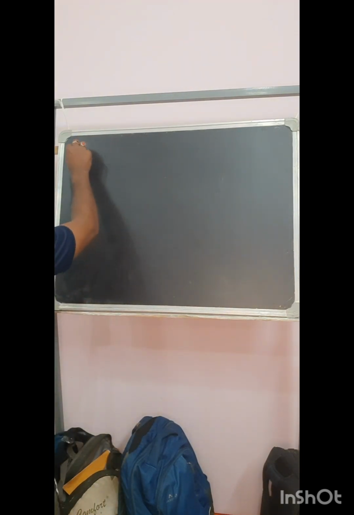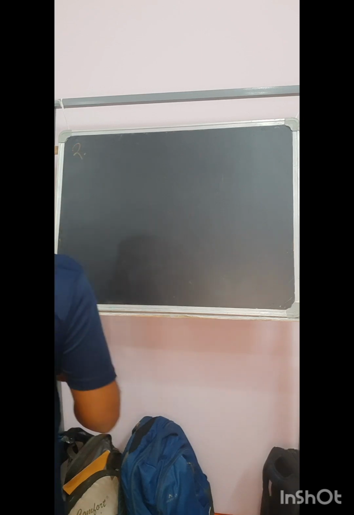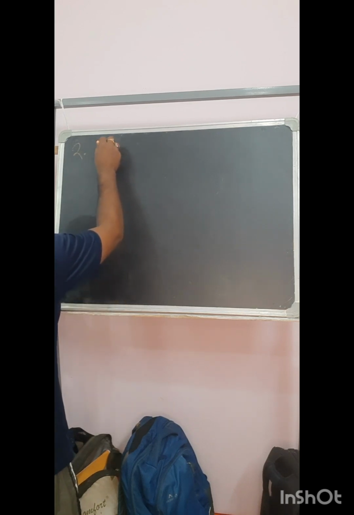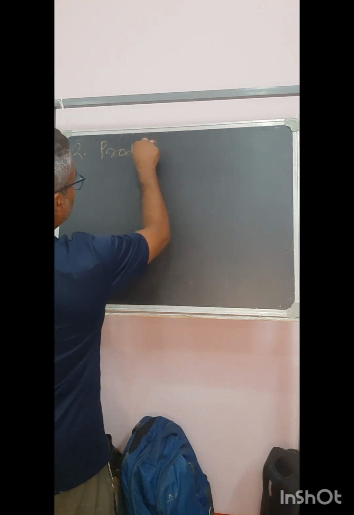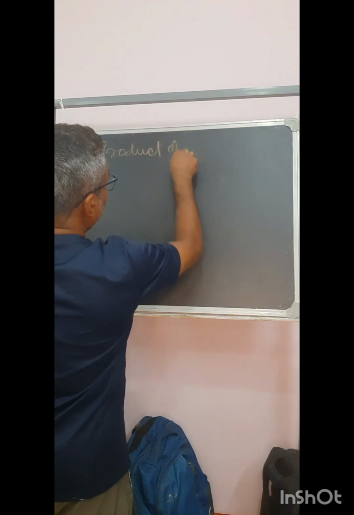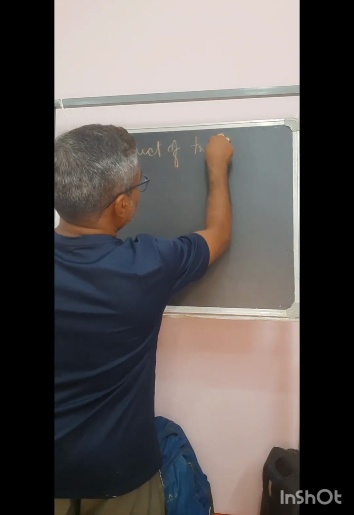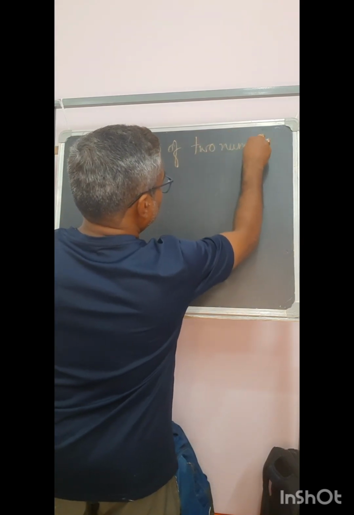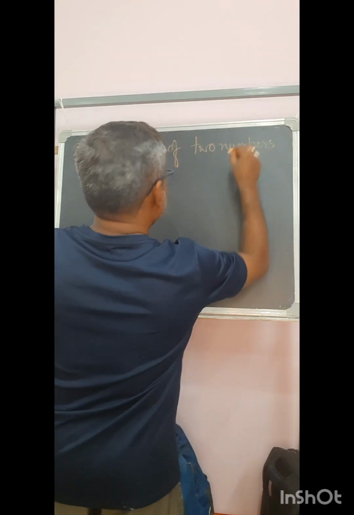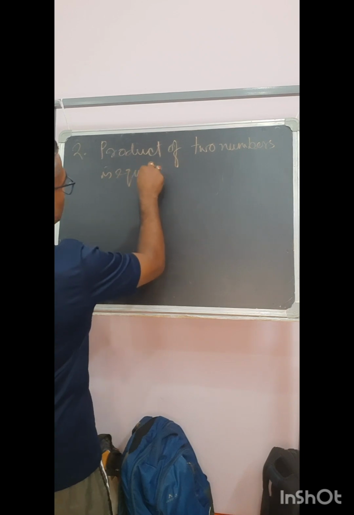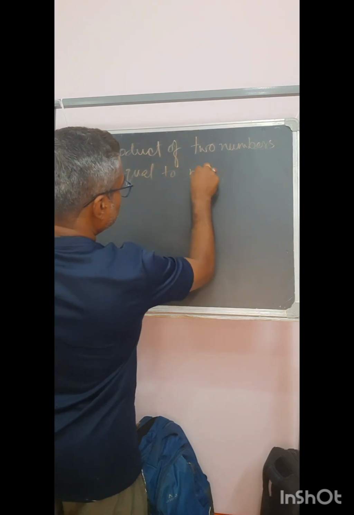The next problem 2 says: there is a theory, but you need to know the product of two numbers is equal to what?